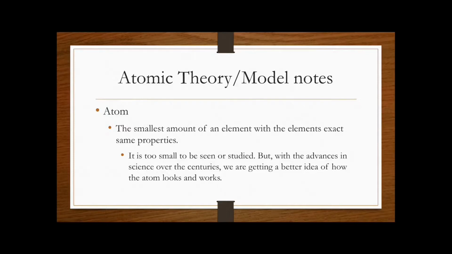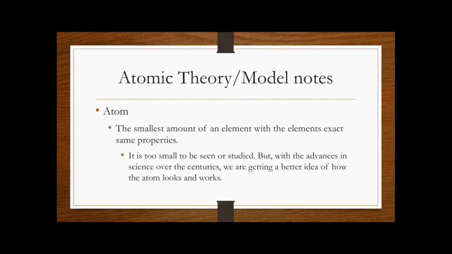So if you remember, the atom is the smallest piece of an element, and it is still retaining the element's properties, its physical properties, and its chemical properties. So one thing that we know is that you can't see an atom with your plain eyes. Whether you have glasses or not, you cannot see an atom.